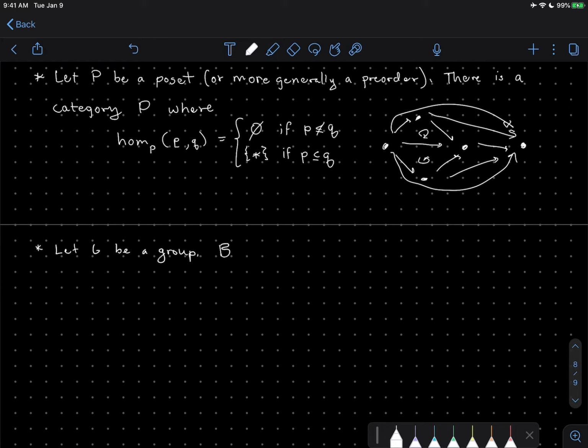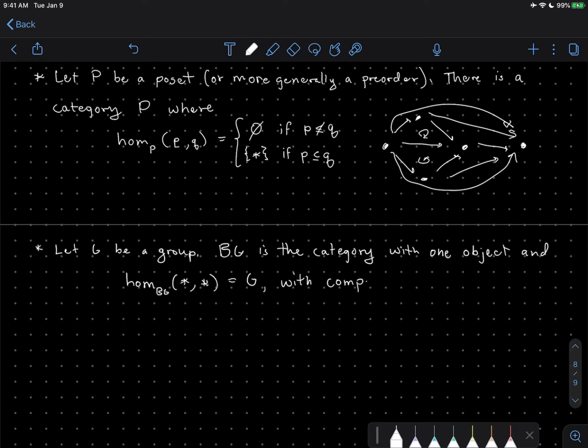Then the category BG with one object and where the morphisms in BG from that object to itself are equal to G, with composition defined by the group operation on G. Composition of h after g is by definition equal to g times h.